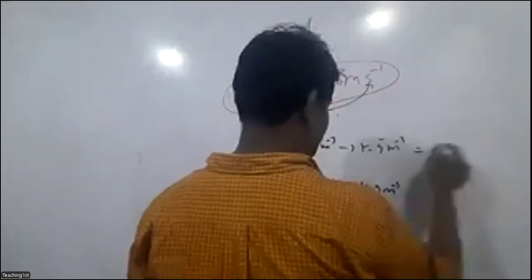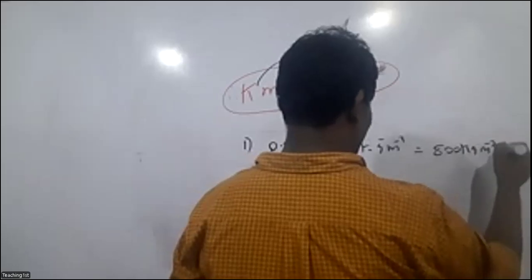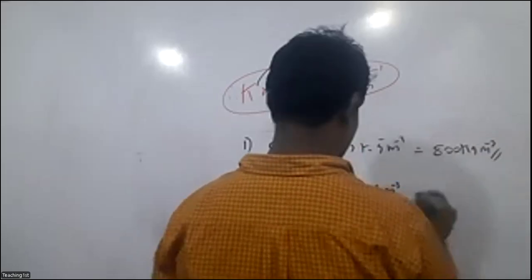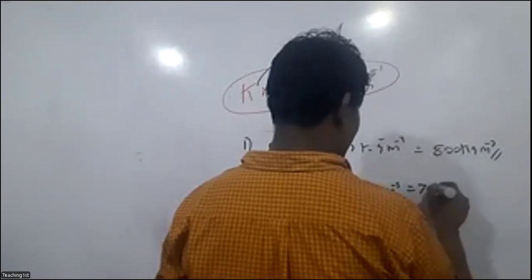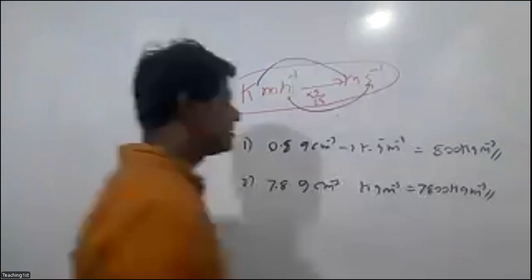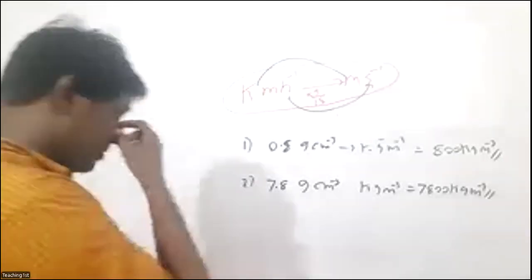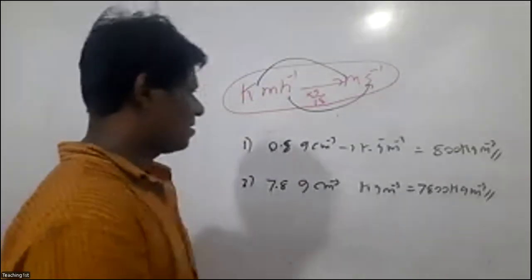When you multiply this by 1000, 800 kg m^-3. Here it is like 7,800 kg m^-3, kilograms per cubic meter. That's it.